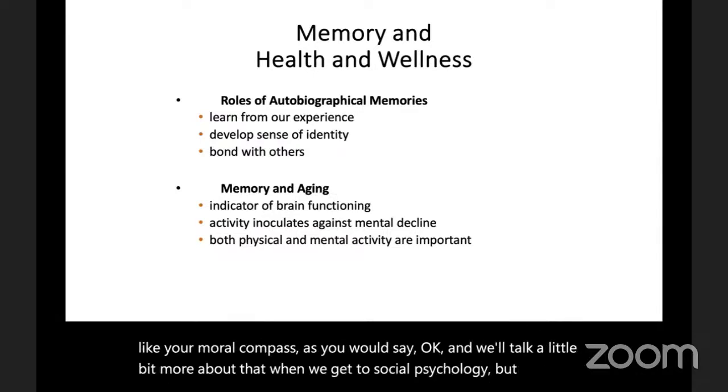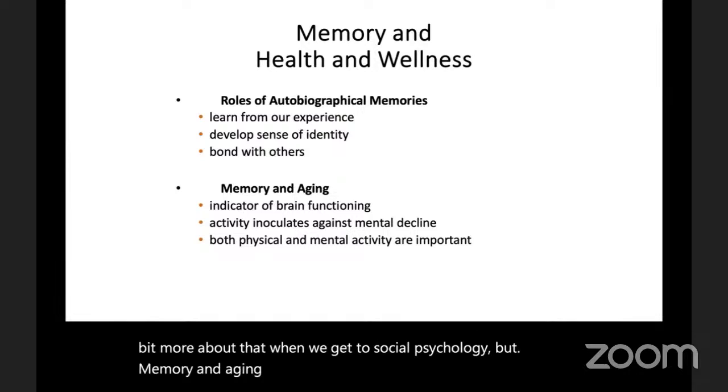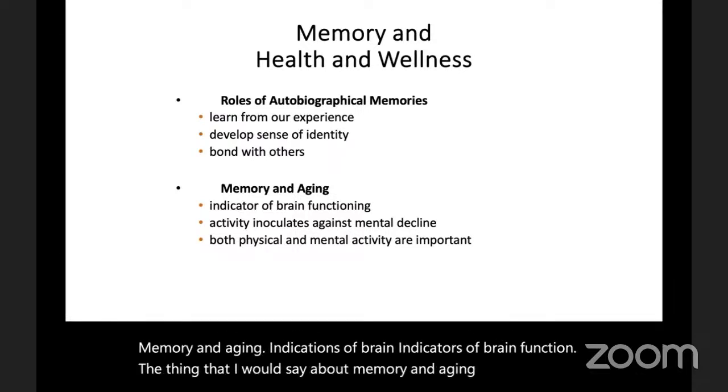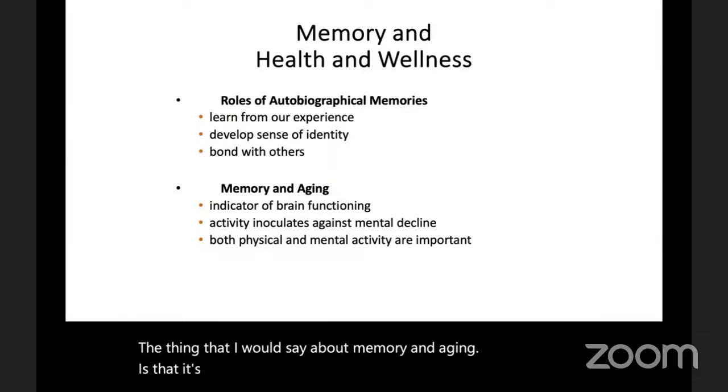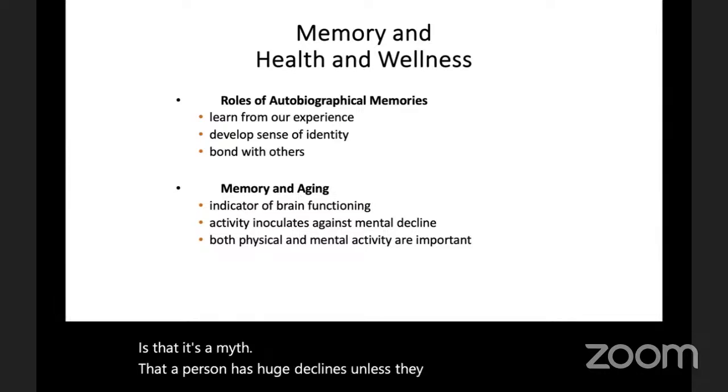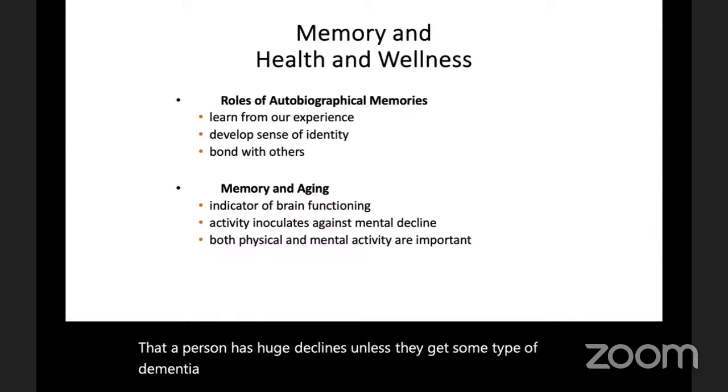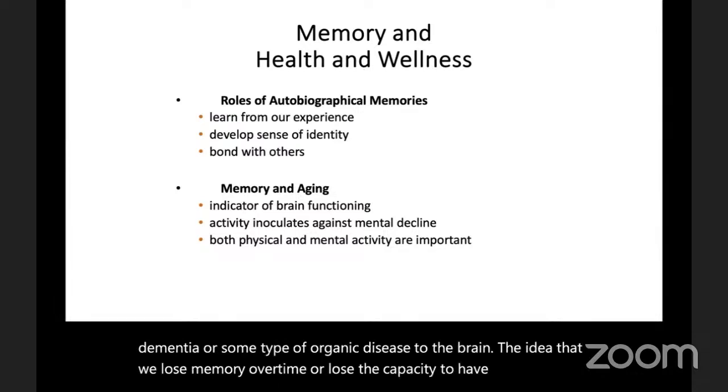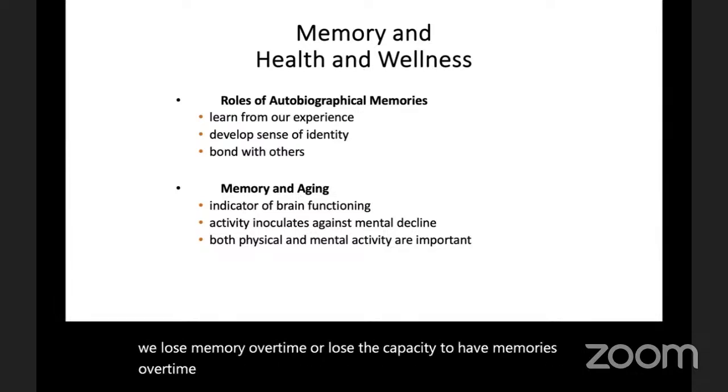But memory and aging, indicators of brain function. The thing that I would say about memory and aging is that it's a myth that a person has huge declines unless they get some type of dementia or some type of organic disease to the brain. The idea that we lose memory over time or lose the capacity to have memories over time is kind of a myth.